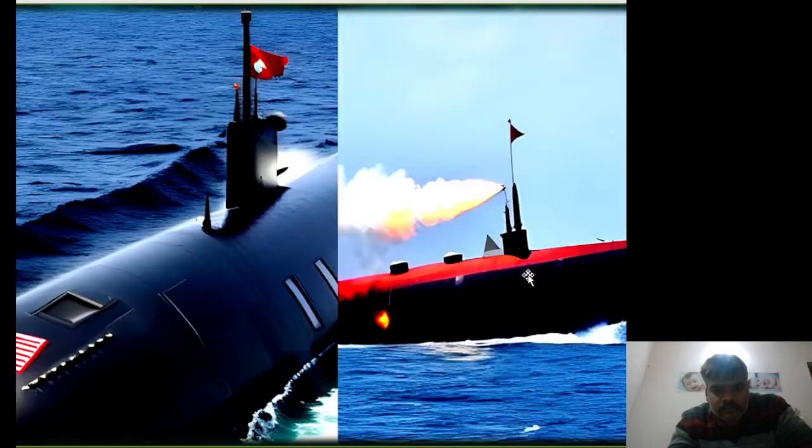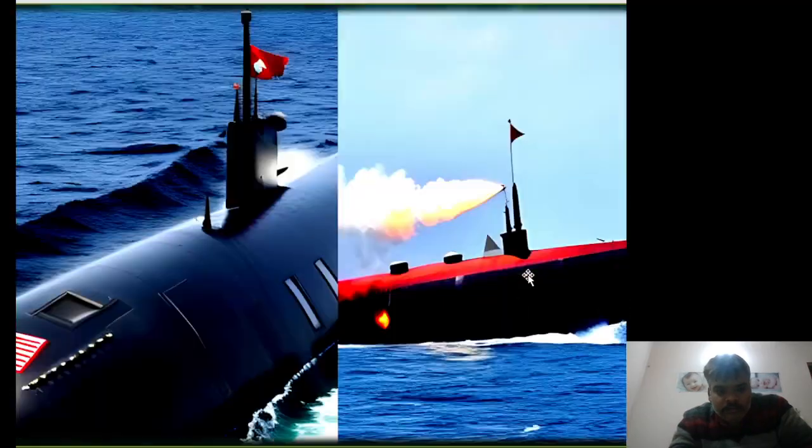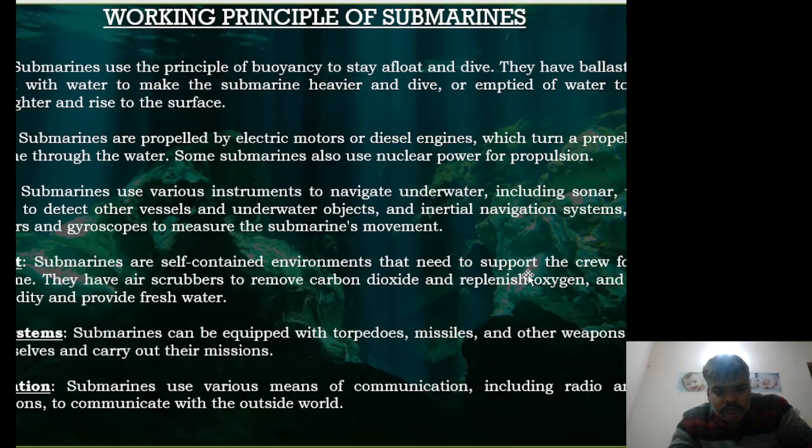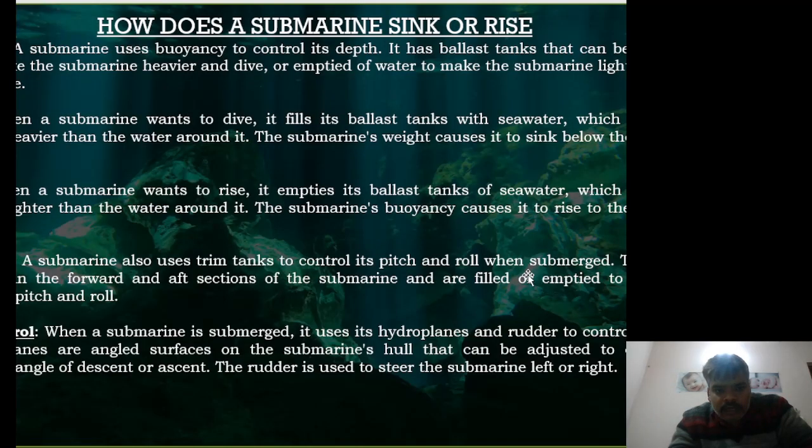Working principle of submarine. Depth control. Diving. When a submarine wants to dive, it fills its ballast tanks with seawater, which makes the submarine heavier. Rising. When a submarine wants to rise, it empties its ballast tanks of seawater.